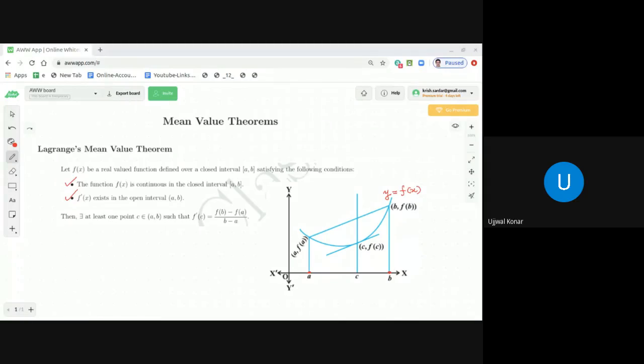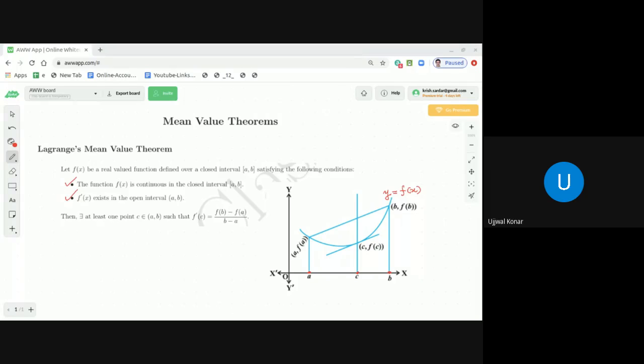Then dear students, what you can conclude is that in between a and b, as you see in the adjoining diagram, there is a point c, and at that point the differential coefficient of f(x), that is f'(c), should be equal to (f(b) minus f(a)) by (b minus a). Let me show you how it is actually done.